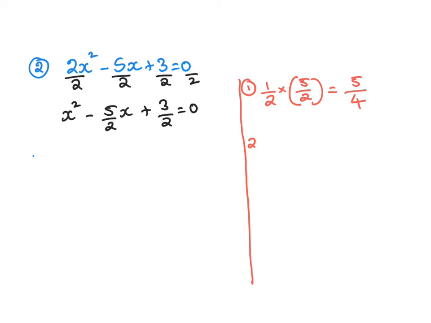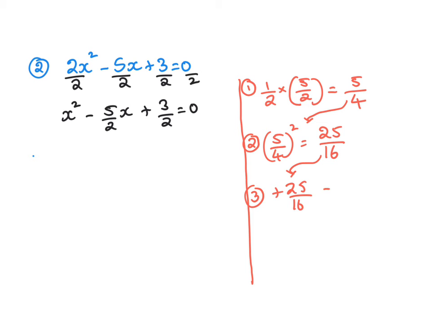So what is the second step? Square this. So 5 over 4, when we square it, becomes 25 over 16. What is the third step? Add 25 over 16 and subtract 25 over 16 on the same side of the equal sign.